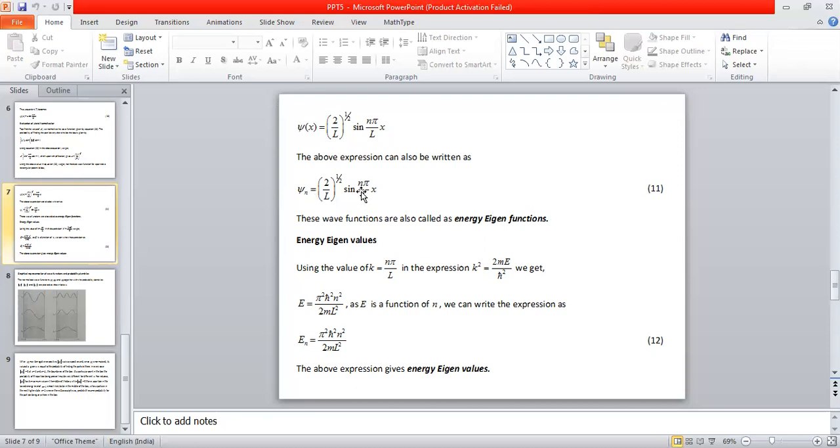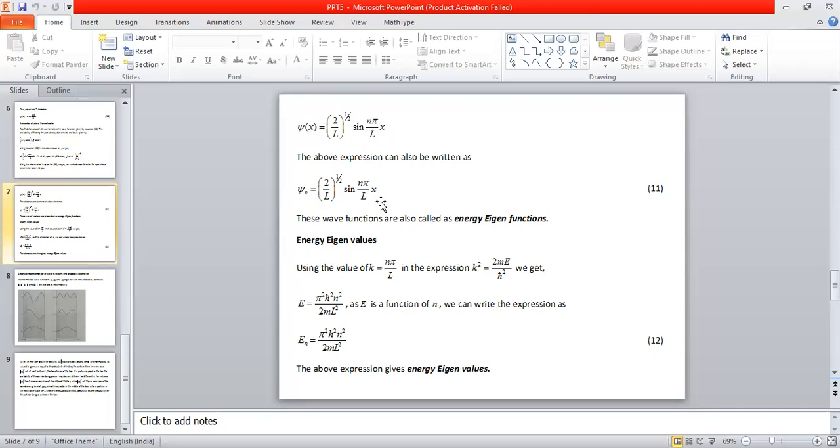If you substitute n = 2, we get ψ_2 = (2/L)^(1/2) sin(2πx/L), the wave function in the first excited state. If you substitute n = 3, we get ψ_3 = (2/L)^(1/2) sin(3πx/L), the wave function of the particle in the second excited state.